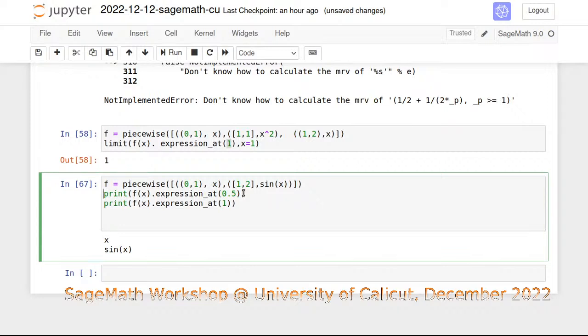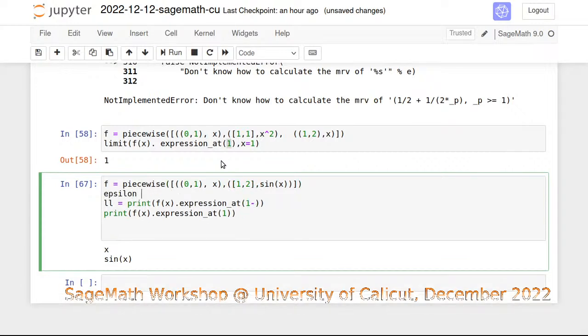Suppose we find the left limit and right limit, as we have already done, the limit of f of x at 1 minus epsilon, where I define epsilon to be very small, 0.001, something like this.